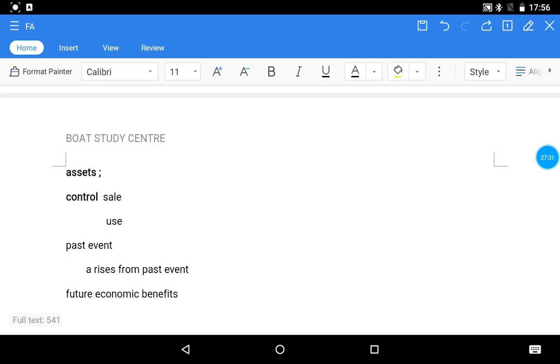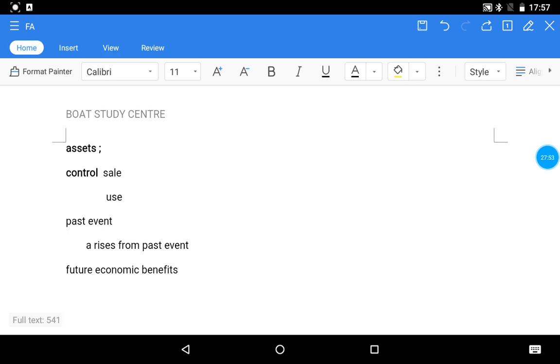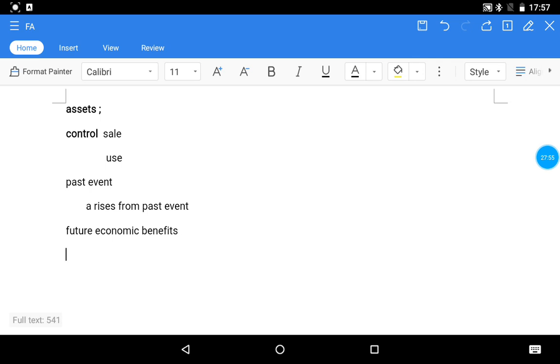Also you are expecting future economic benefits; we benefit from it. So under assets, we have first the non-current assets. What do I mean by non-current assets?